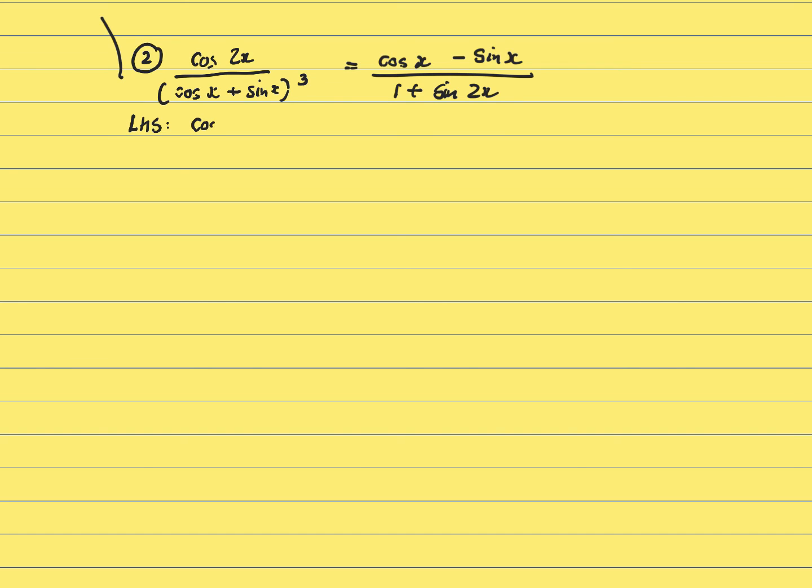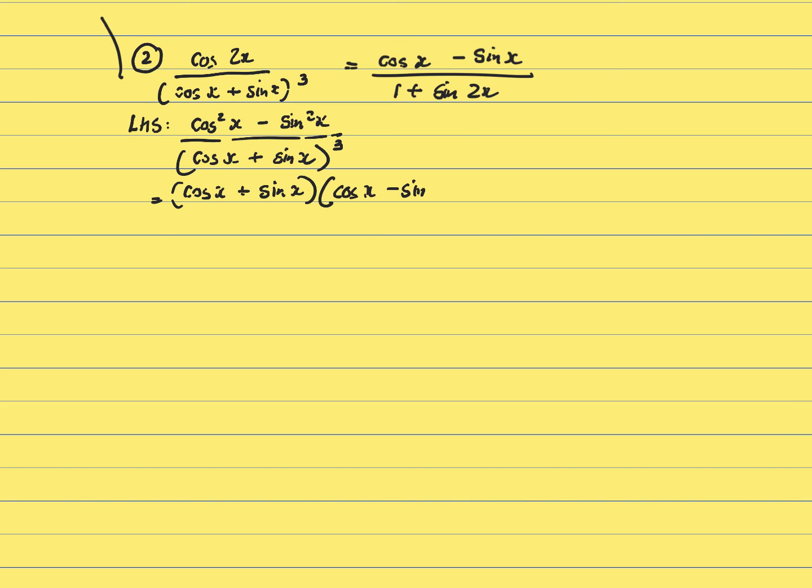So I'm going to write this as cos squared x minus sine squared x all over cos x plus sine x to the power of 3, which is equal to cos x plus sine x, difference of squares, and cos x minus sine x, all over the cos of x plus the sine of x cubed. Now at least I know that and that will cancel.